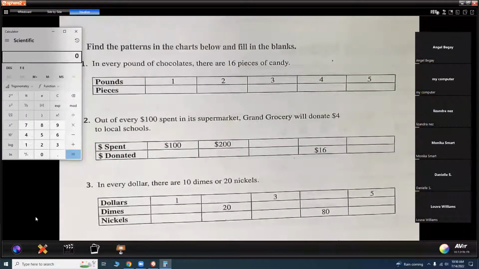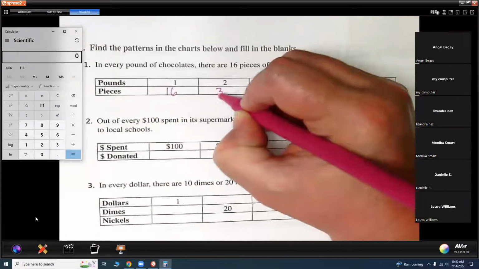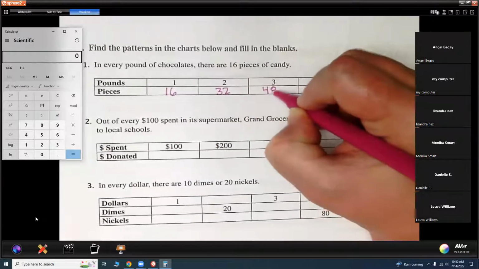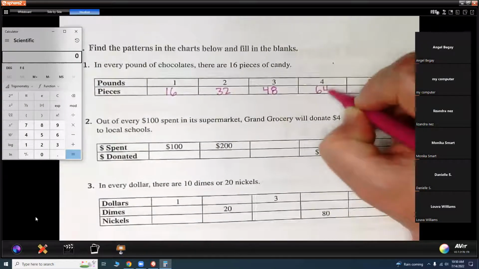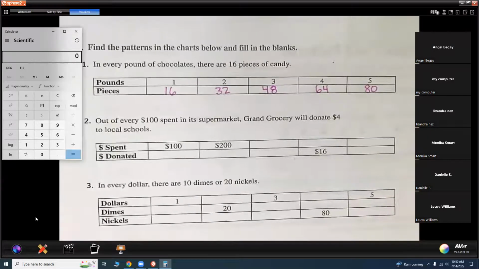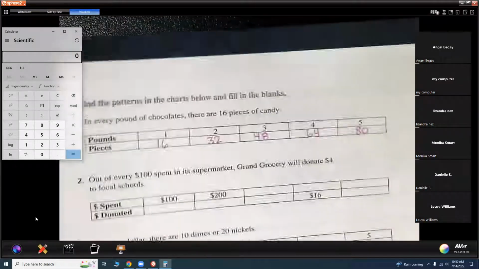So we know that we should fill in our box. 48. So, pretty straightforward. As the pounds increase by 1, the pieces increase by 16.